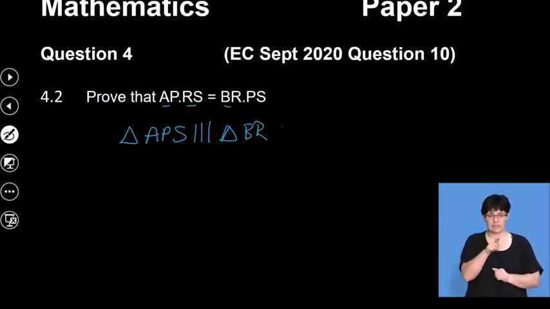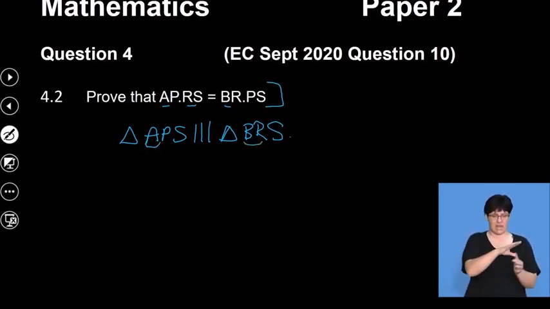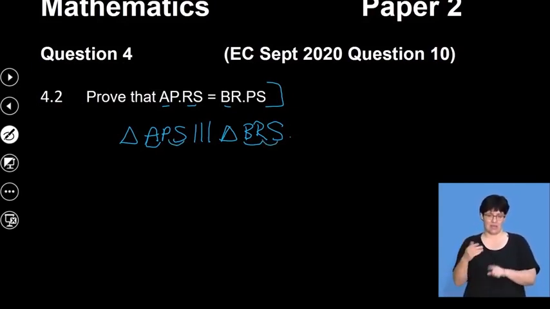Okay, and when you're using your similarity to find the product of the sides, you can always just use your little rainbows to link the corresponding sides together. So AP in the one triangle links with BR in the other triangle, and PS in the one triangle links with RS in the other triangle.